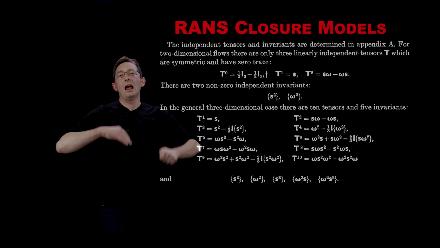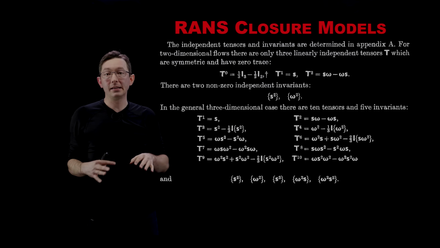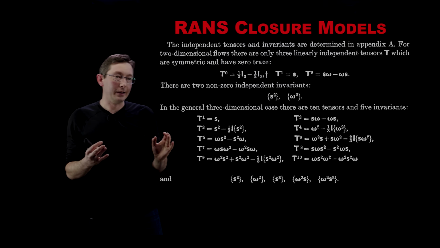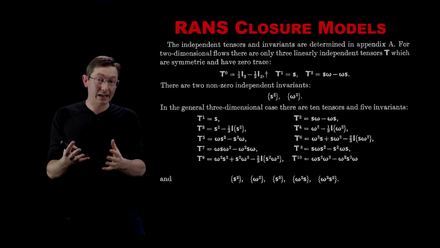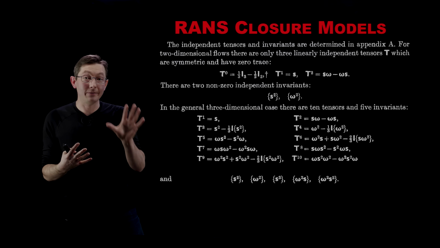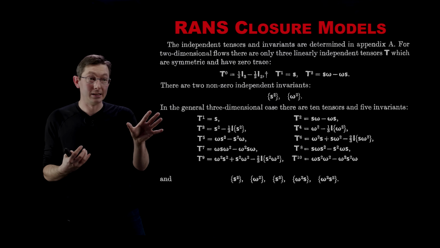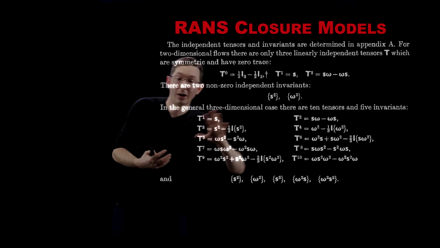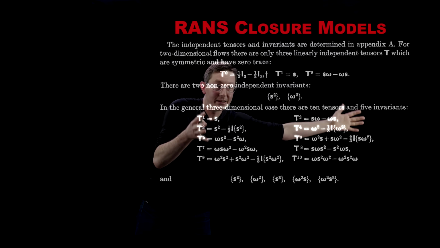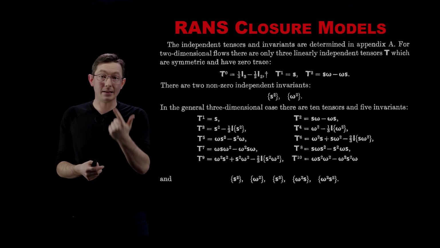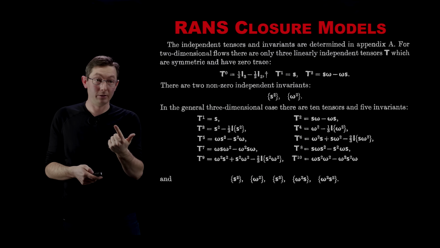Okay, good. And so mathematically, after a decent bit of math, what we find is that there are 10 tensors and 5 invariants, or 5 conserved quantities, that pop out of this modeling framework. And so these are the 10 tensors that depend on that S and that W that we're trying to model.